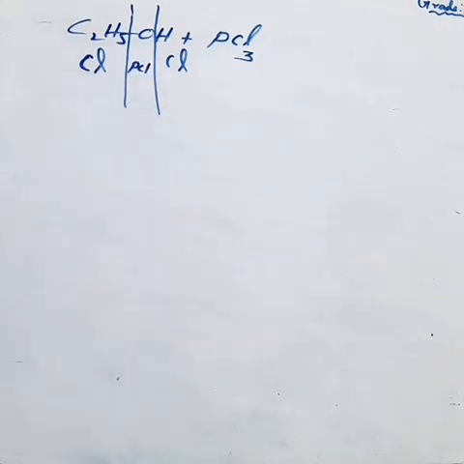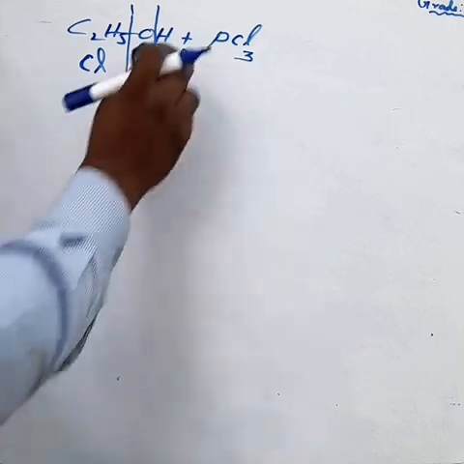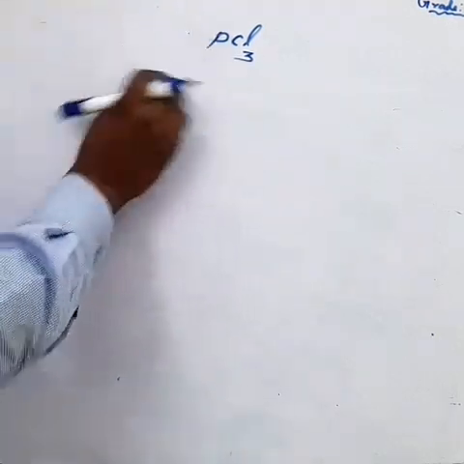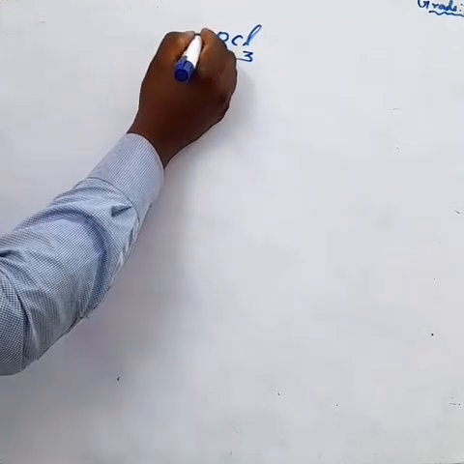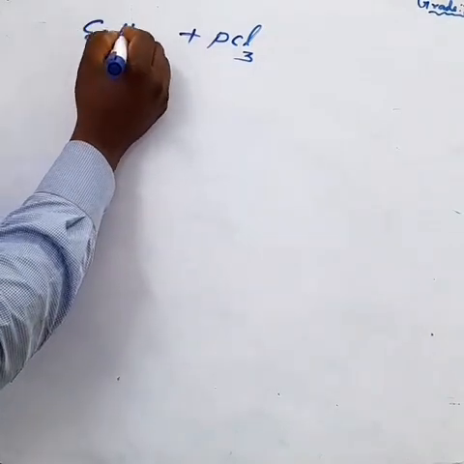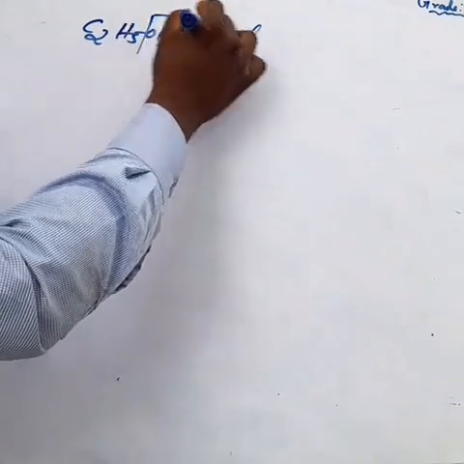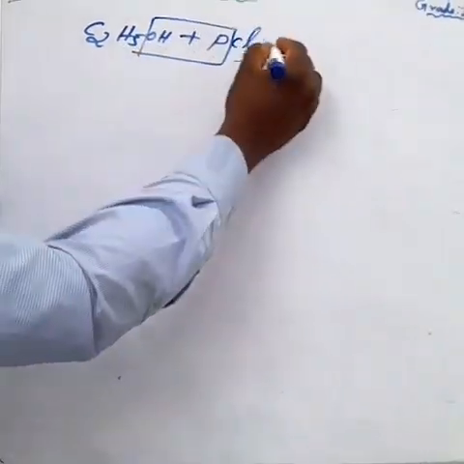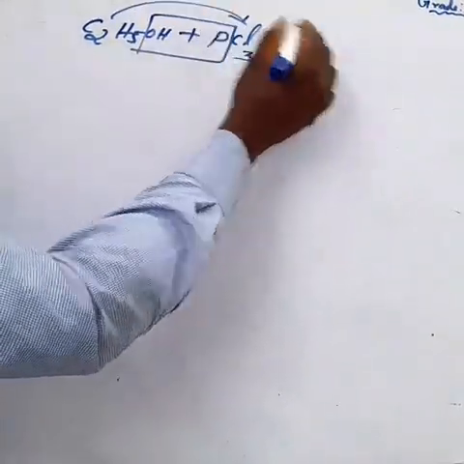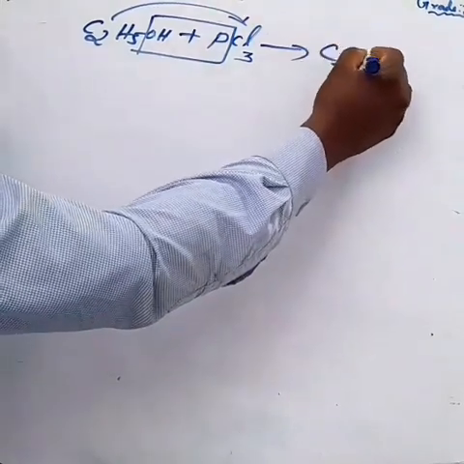Here, the ethyl group combines with the Cl to form ethyl chloride. What is the formula of ethyl chloride?